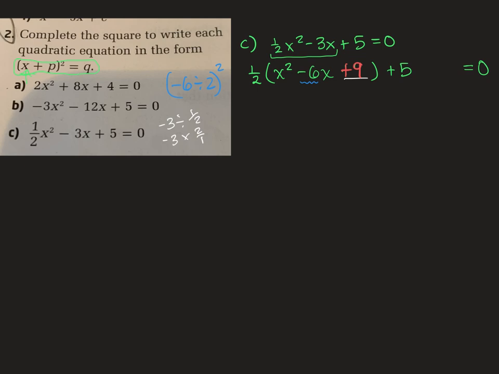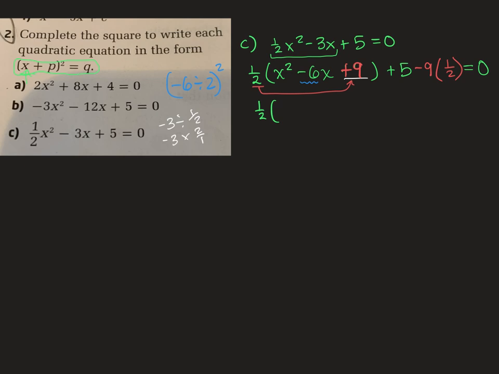And because we can't just willy-nilly add 9 to an equation, we have to keep it in balance by subtracting 9 times, look at that, 1/2 was actually outside the bracket, so the 9 was being multiplied by 1/2, so we've got to also multiply by 1/2 when we take it away. All right, looking good. Keep the 1/2.